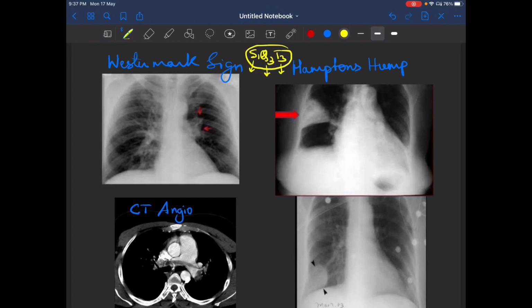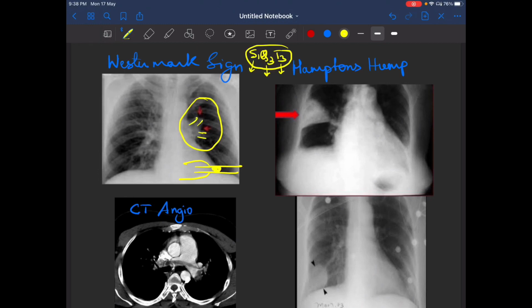Okay, and here if you take an X-ray, because it is not warranted to take an X-ray here, and if at all you take, you see this Westermark sign. That means when there is a vessel that is blocked, the proximal vessels will dilate. So see here, these are the dilated vessels proximally.